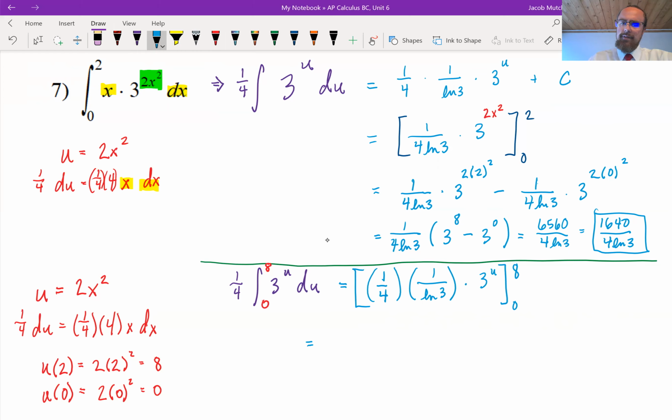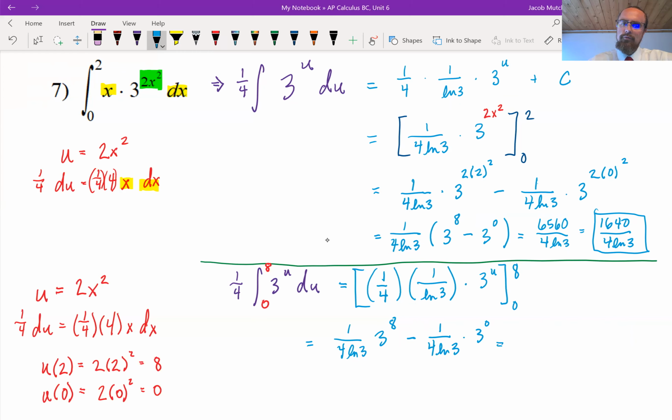So now I'm ready to evaluate. This again is going to become 1/4 times the natural log of 3, if I combine those first two fractions, so 3 to the power of 8, minus 1/4 natural log of 3 times 3 to the power of 0. And I see that that's exactly the same expression that I've got here.